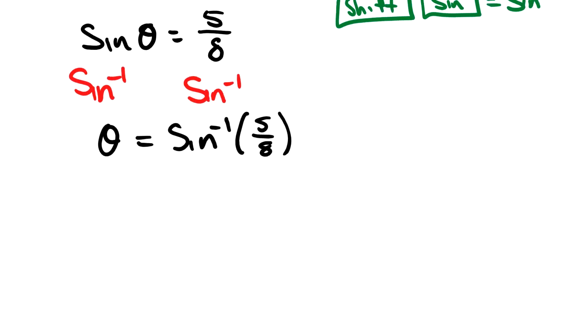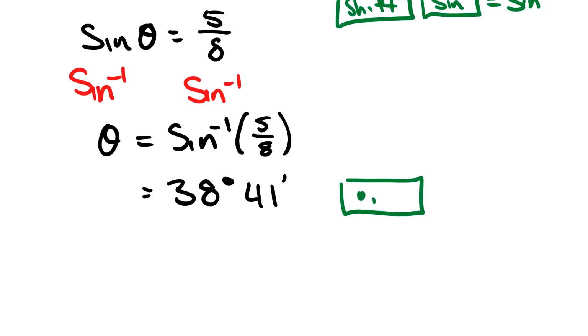You put shift sine into your calculator, put your fraction button 5 over 8, then press equals, and it'll come out as 38 degrees and 41 minutes. You may be given decimals, and it's important to note that if you press your degrees, minutes, seconds button, you'll get converted to this, which is the appropriate form.